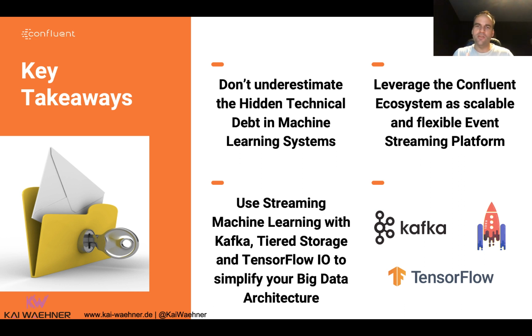But things like tiered storage for storing data in Kafka longer and decoupling it from the processing, or integration between TensorFlow and Kafka without another data lake in the middle, could really simplify your big data architecture. And this is all just options, right? You're very flexible in how to do that. In summary, that is one of the big advantages of Kafka: to have an open, flexible ecosystem, but still be able to integrate with everything, modern and legacy.